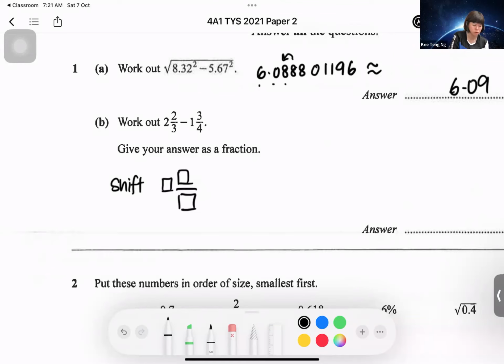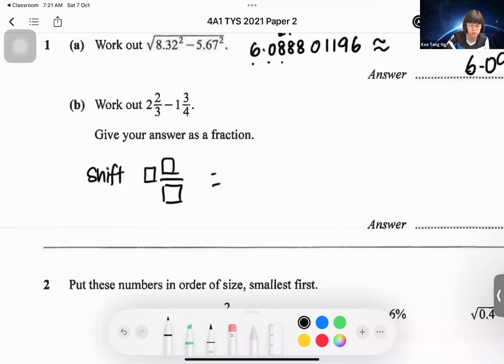So this one will be shift fraction, 2 over 3, minus shift fraction, 1 and 3 over 4. This will give your answer as a fraction, 11 over 12.